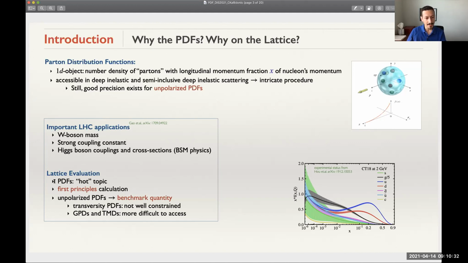In addition to that, a lattice evaluation provides a first principle calculation of these quantities. And since the unpolarized PDFs are well constrained from experiments, they can serve as a benchmark quantity for the transversity PDFs, the GPDs and the TMDs, which are even more difficult to obtain from the lattice.